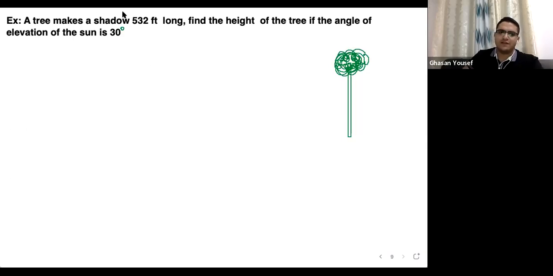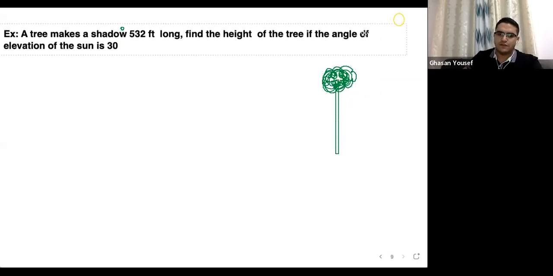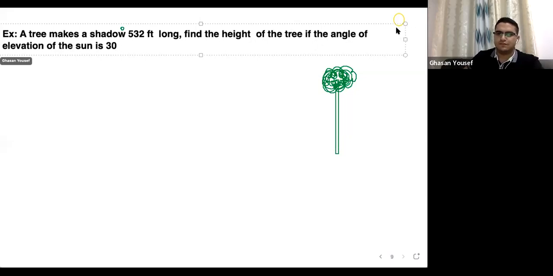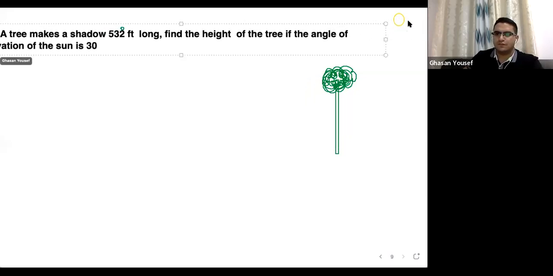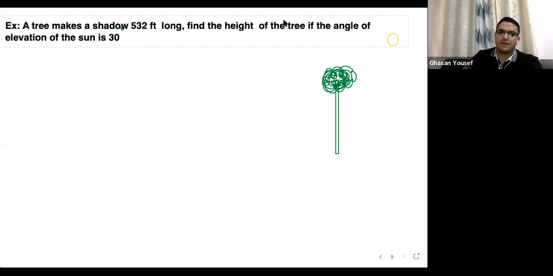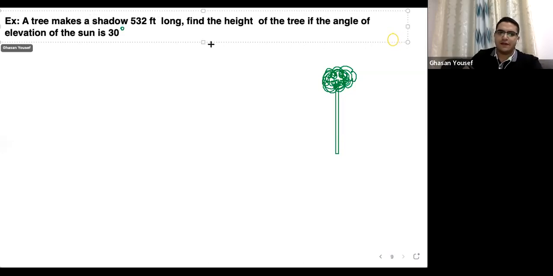Also, I have a sun. This is the sun. This sun makes a sun ray like this. Let's make an angle with the tree like this. So here is the sun.